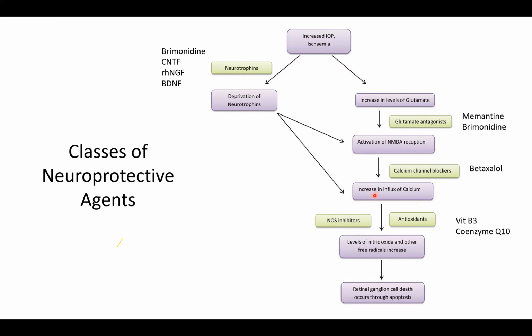This causes an influx of calcium into the cell, and this results in increased levels of nitric oxide and other free radicals within the cell, which damage the mitochondria and the cell structures, which cause retinal ganglion cell death.